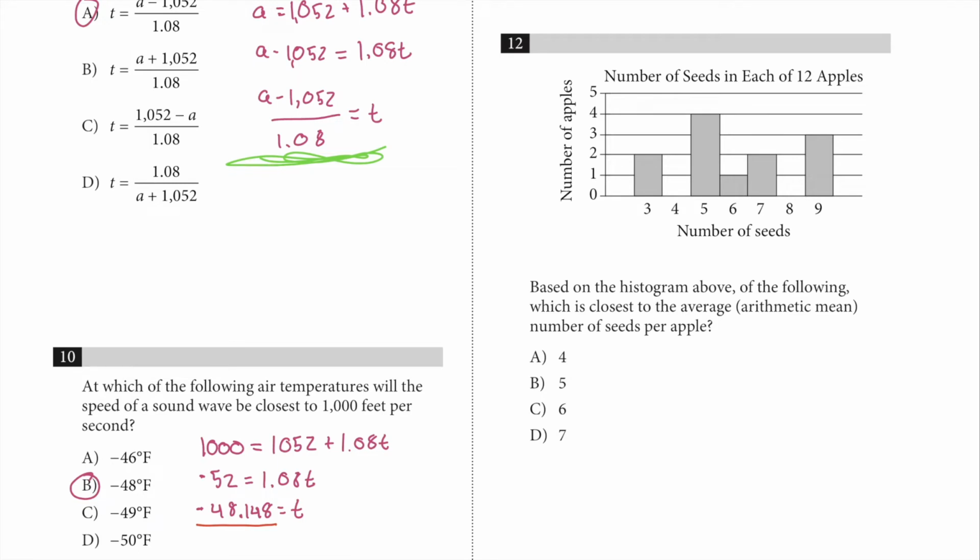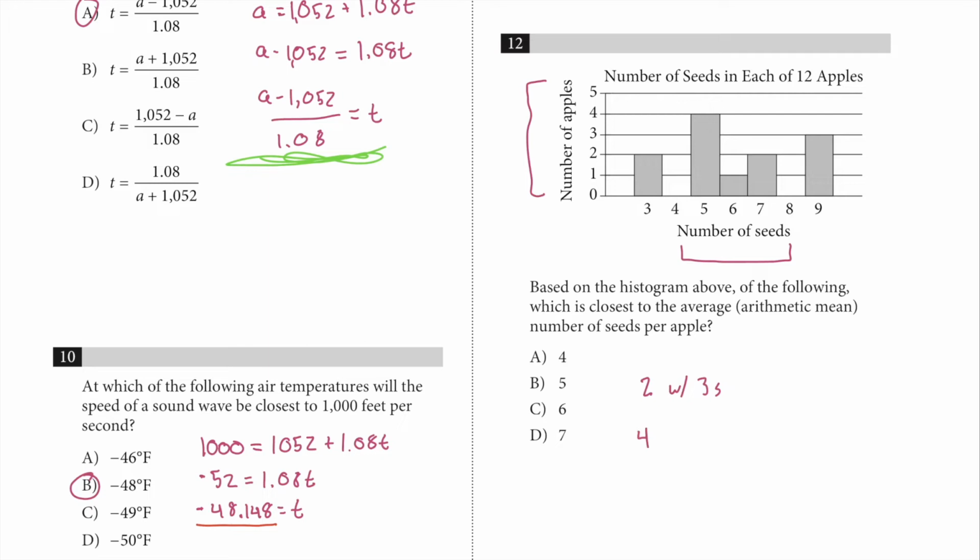Number of seeds in each of 12 apples. Based on the histogram above, which of the following is closest to the average, arithmetic mean, number of seeds per apple? So this is the number of apples. This is the number of seeds. So we have 2 apples with 3 seeds.